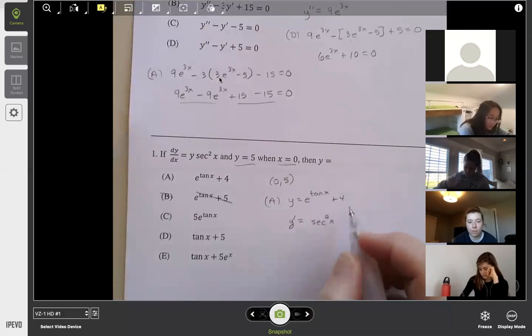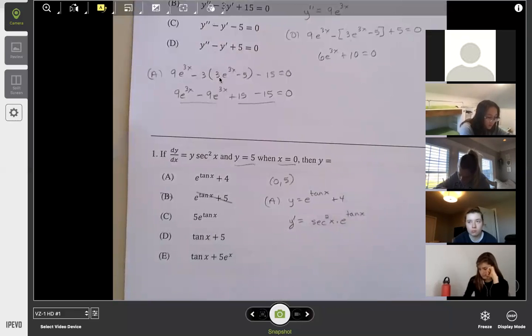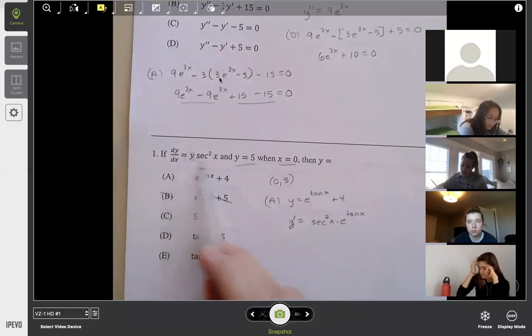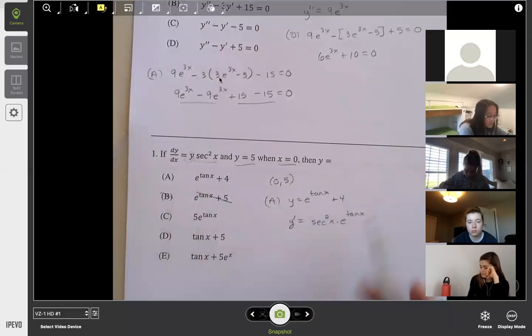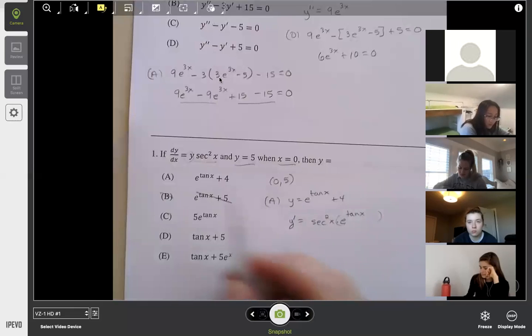Exactly. And then the derivative of the 4 is just 0. So again, I'm looking for the function itself just times secant squared. Well, that's not what I have. The function itself is e to the tangent x plus 4, but the 4 went away when I took the derivative. So A is not right.